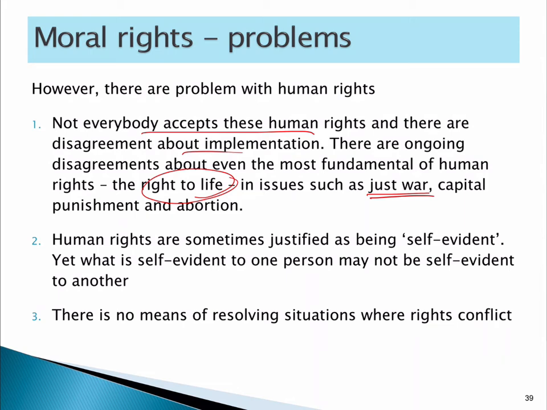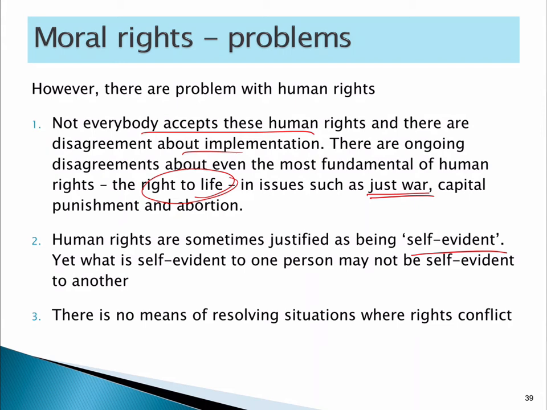A second core problem for moral rights is the idea that they're self-evident. Okay, so it might appear self-evident to us, but is it really self-evident to everyone? At different times, we've believed very different facts, like heavy objects fall faster than light objects, and we know from physics now that they don't, or that the Earth was flat, and we know that it isn't.